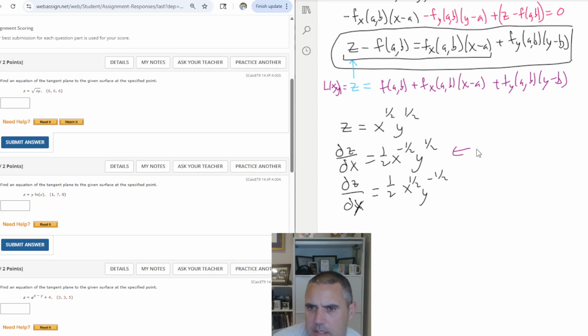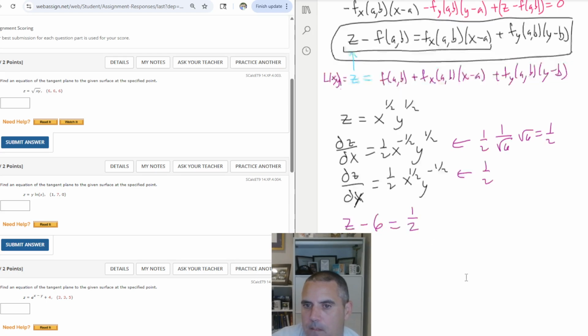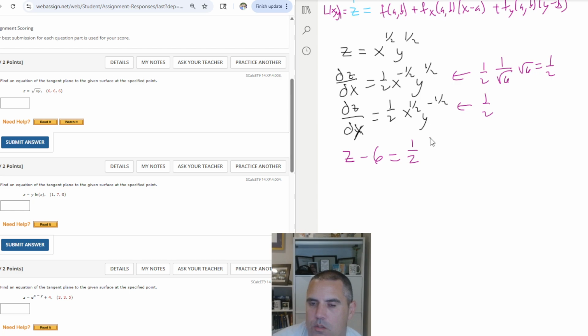When you plug into this, you get 1/2, 1 over the square root of 6 times square root of 6. So I think you get a half. And when you plug into this, you also get a half. And now we are done. So you would write z minus 6, that's the z value. You do the slope in the x direction, which is a half times x minus 6, and we'll do examples like this in class, plus 1/2 times y minus 6.